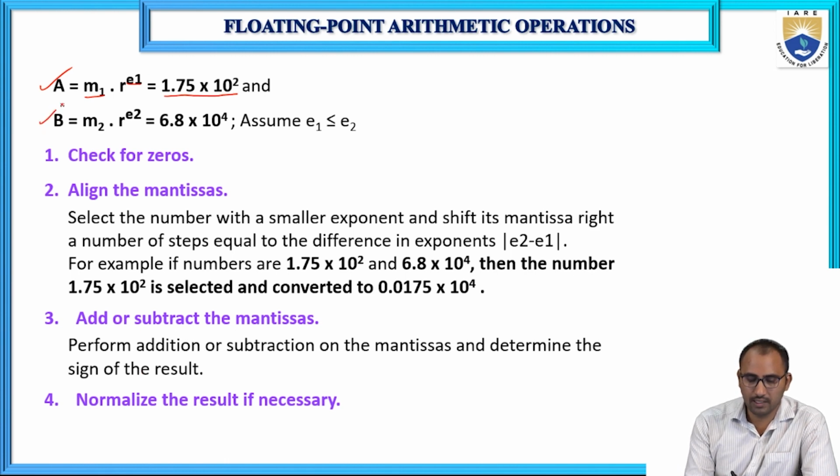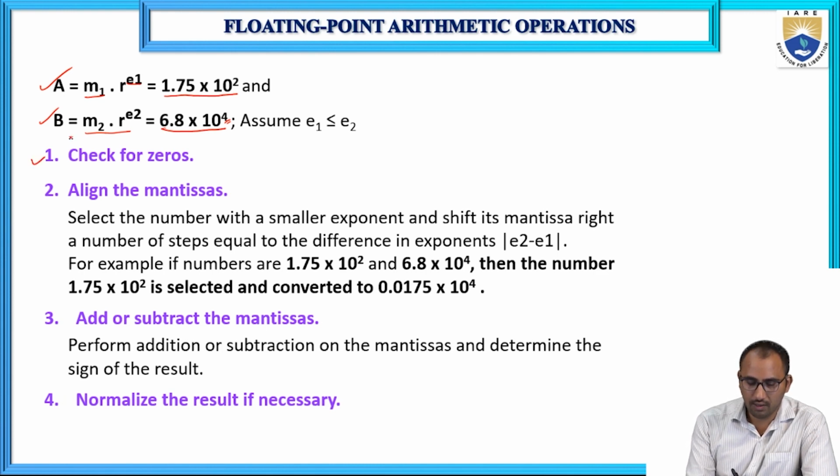The second number is B, represented as M2 into R power E2, where M2 is mantissa 2 and E2 is the exponent of the second number. The second floating point number is 6.8 into 10 to the power of 4. Here we assume E1 is less than or equal to E2, which means the exponent of the second number is larger than the first exponent value.